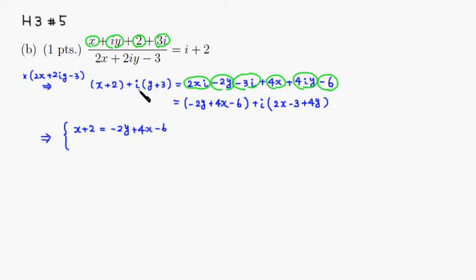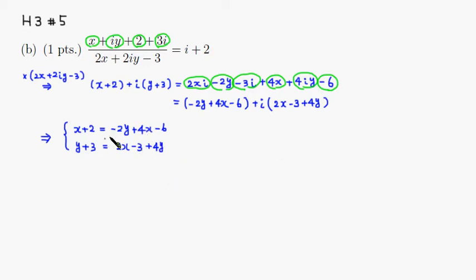Then the imaginary part is y plus 3. This has to match 2x minus 3 plus 4y.